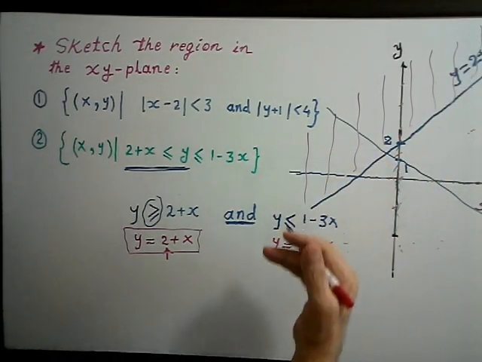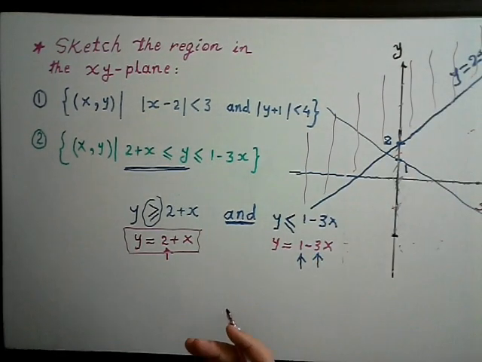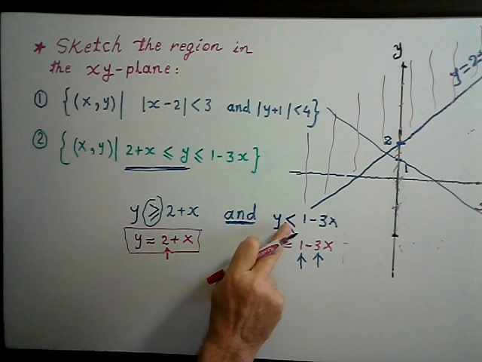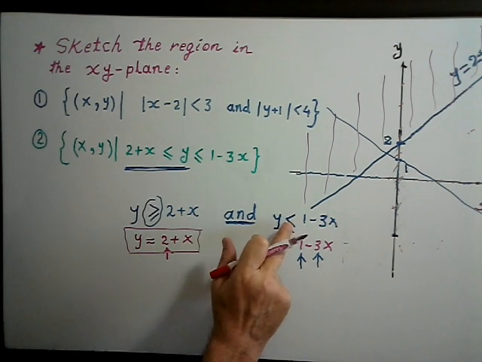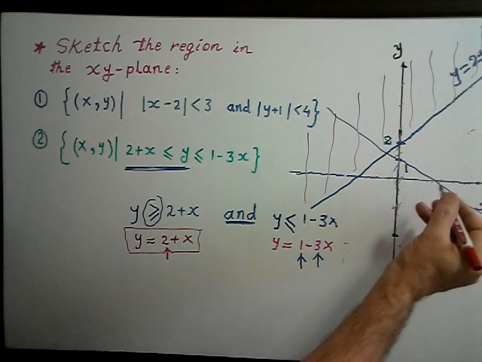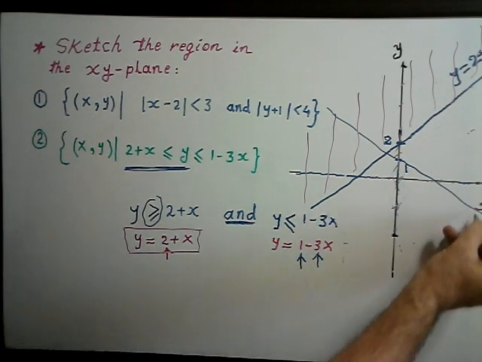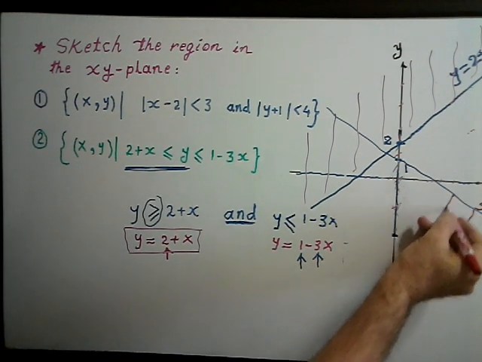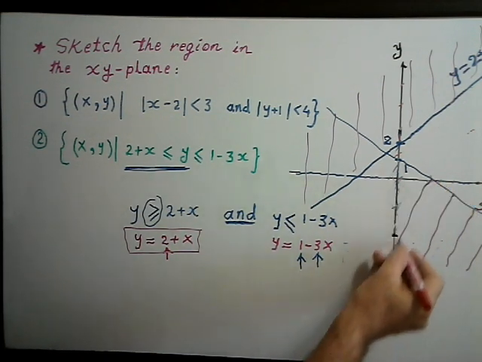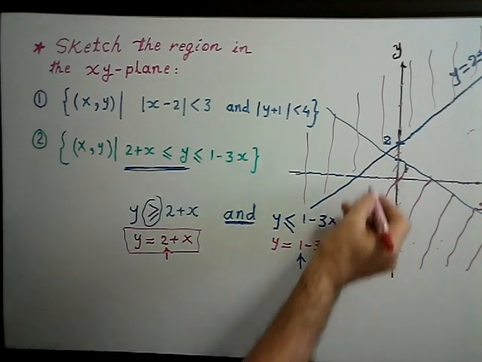One is less, one is greater. According to the sign, which says less than, we'll shade the area which is less than. Here is the area of less than.